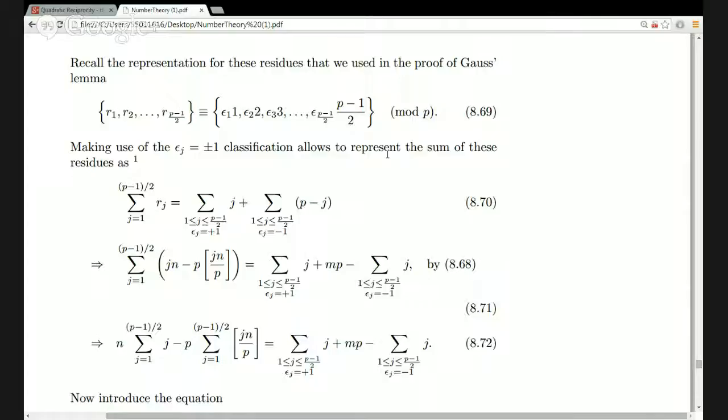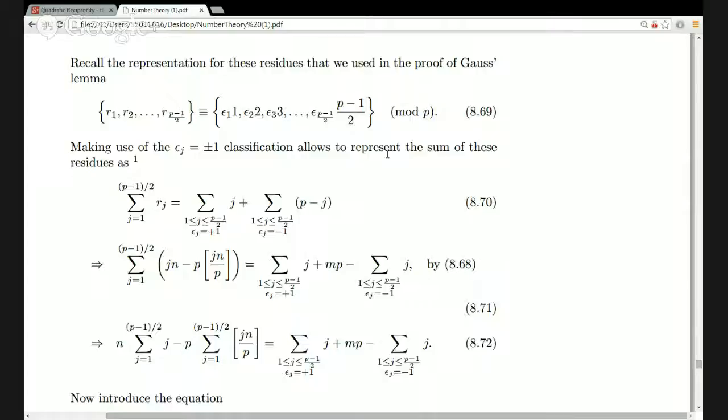Those are represented here as minus a small remainder. But to get back the actual remainder, we need to take p minus that j. So p minus that small remainder j will give you one of the larger remainders, the ones in the second half of the group of remainders. So those are exactly the ones for which that epsilon sign was chosen to be minus.